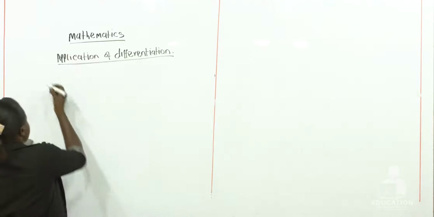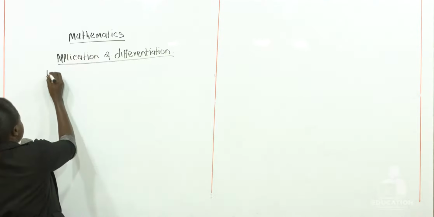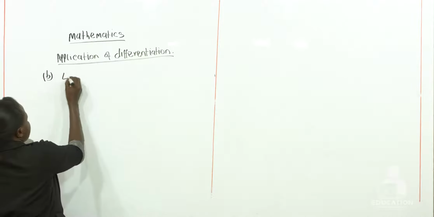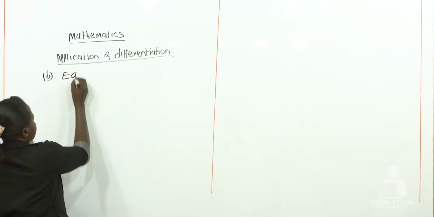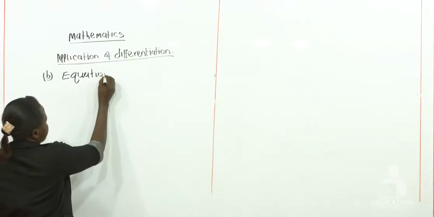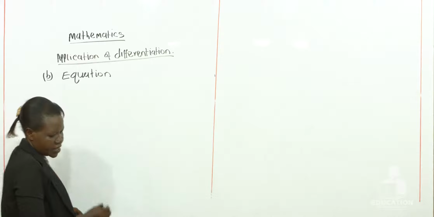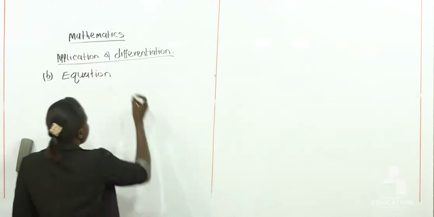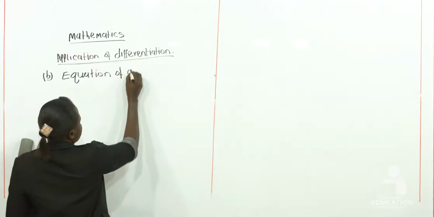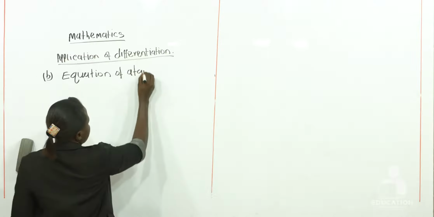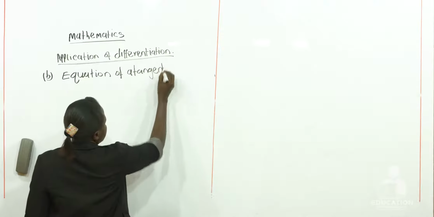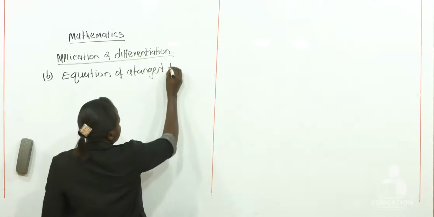The second one is part B, that is, equation of a tangent to a curve.